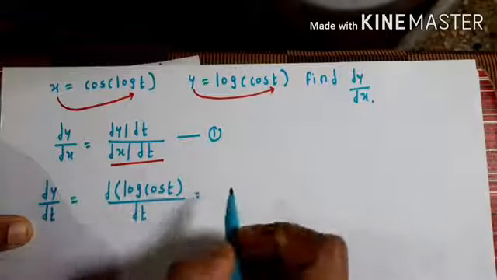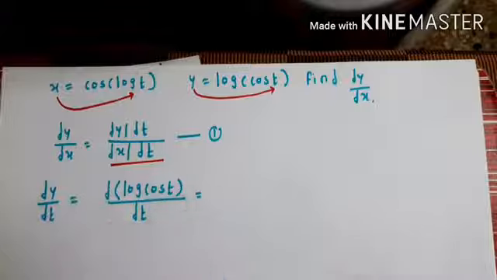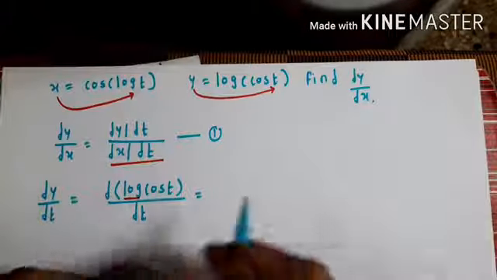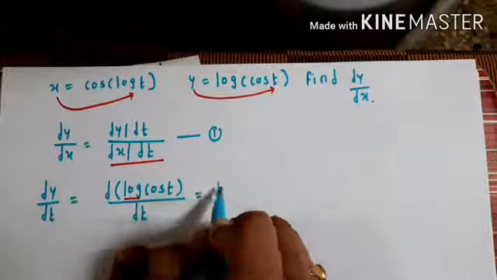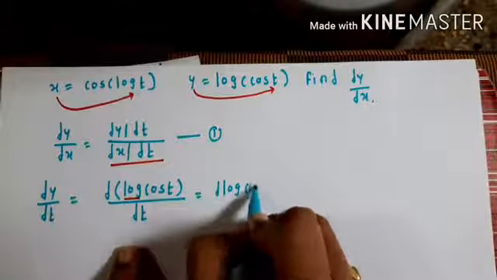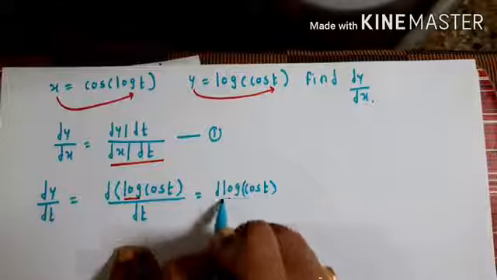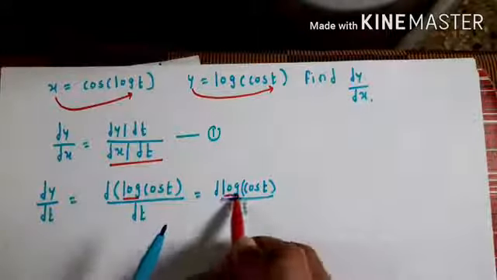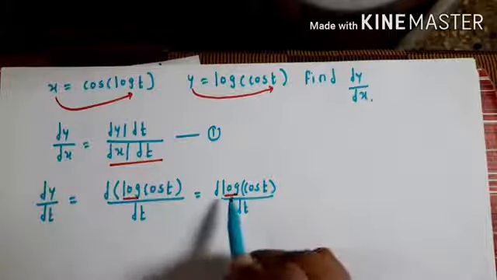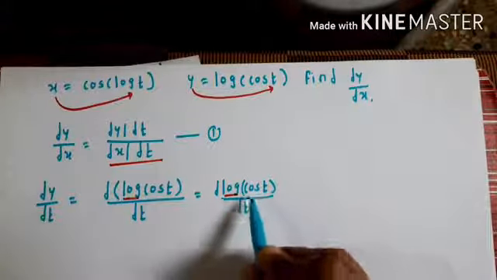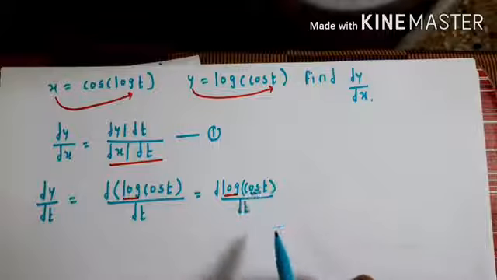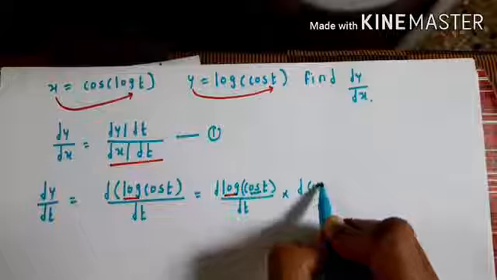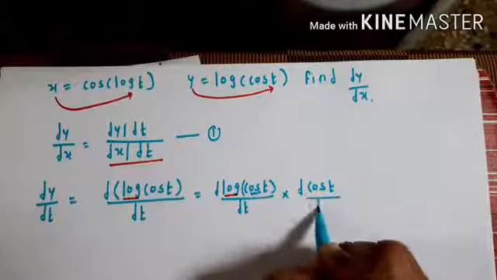So students, to differentiate log of cos of t, first differentiate according to the log rule. But this log is a function of cos of t, and cos of t is again a differentiable function, therefore into differentiation of cos of t with respect to t.